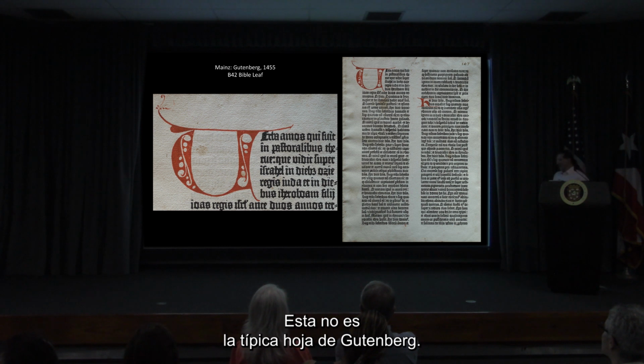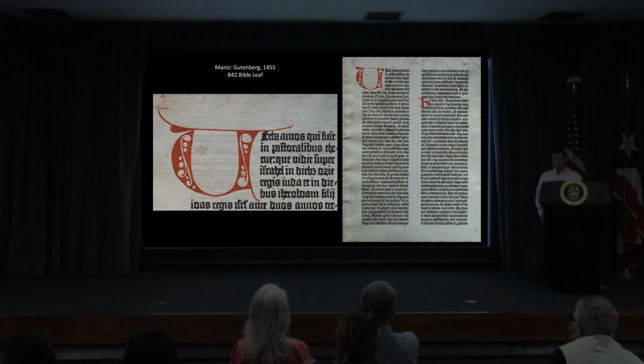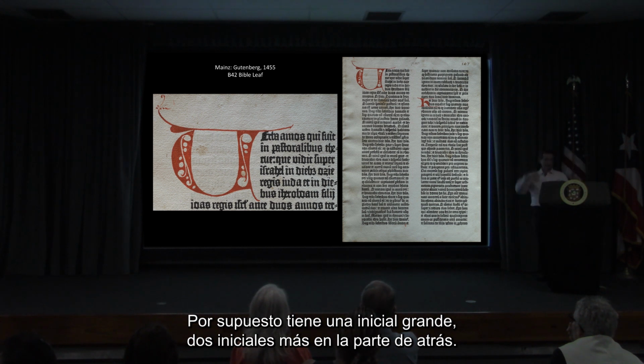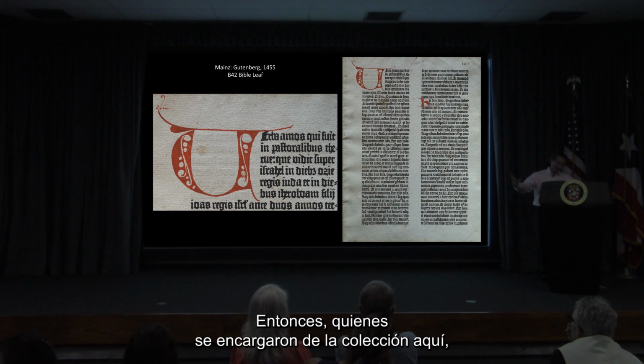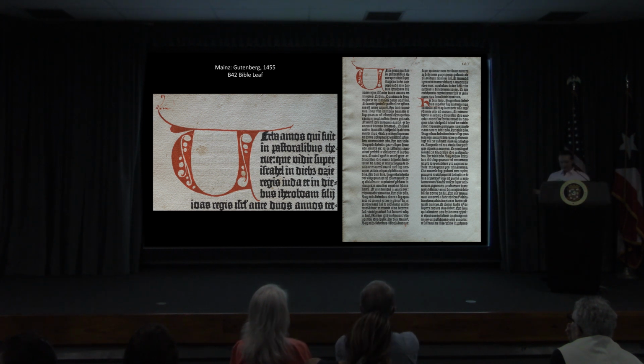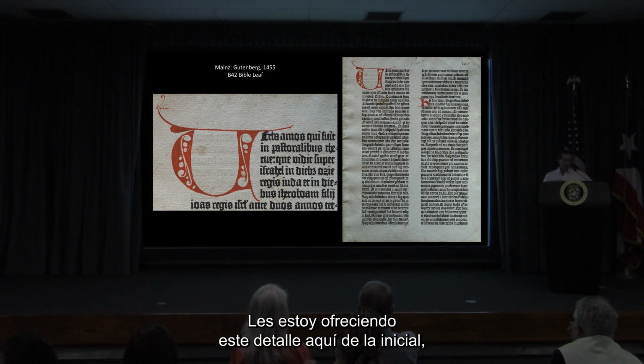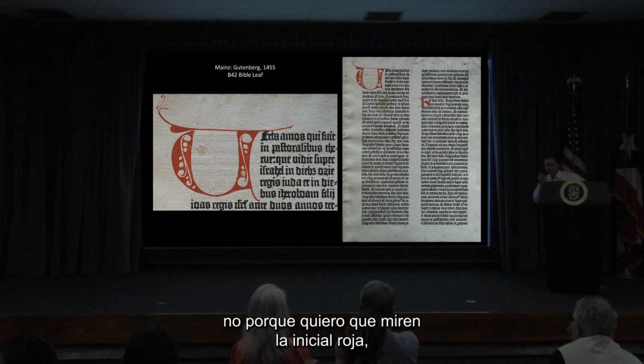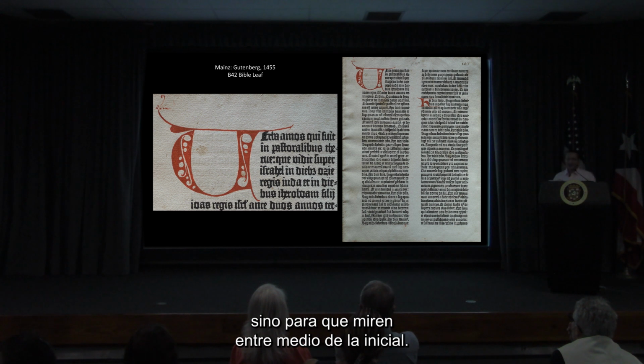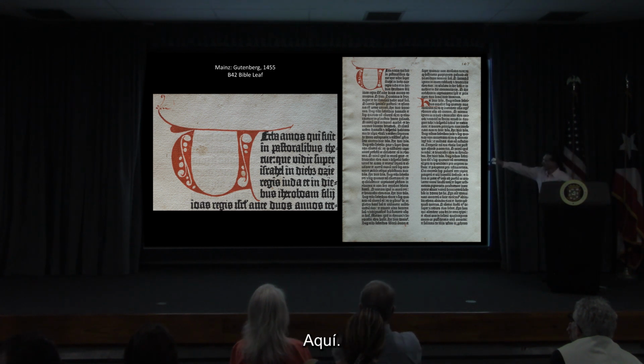This is not quite your typical Gutenberg leaf. Of course, you have a large initial, two more initials in the back. So those who collected here chose well. And I am offering you this detail of the initial, not because I want you to look at the red initial, but because I want you to look in between the initial, right here.